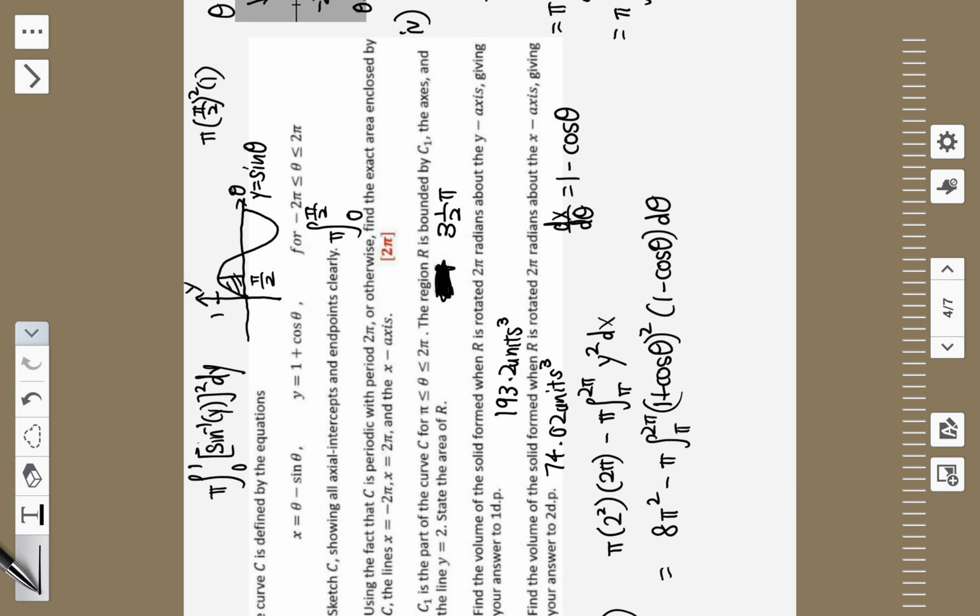Then sine inverse y is just my theta squared, and dy over d theta is just cosine theta. So I will get cosine theta d theta. I change it to integrate with respect to theta. Do I get it? Well, okay.